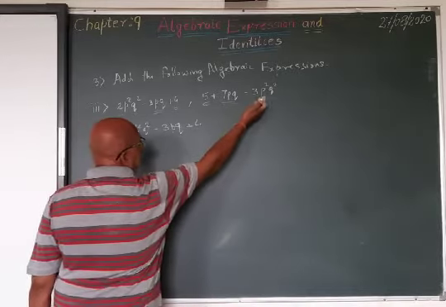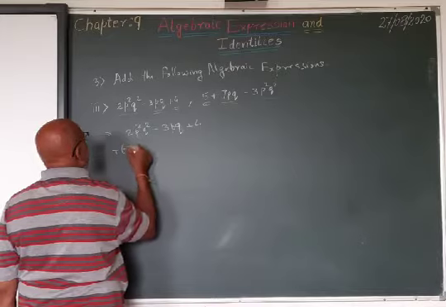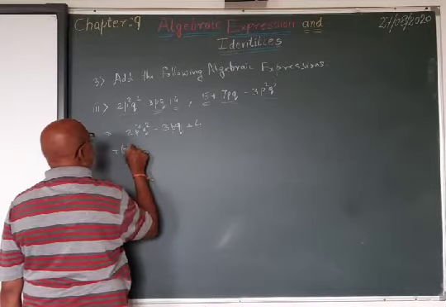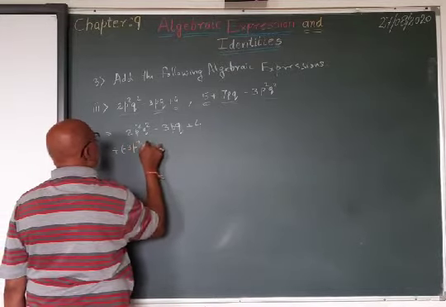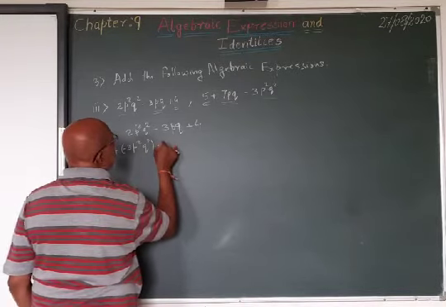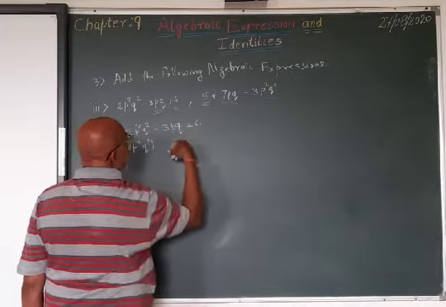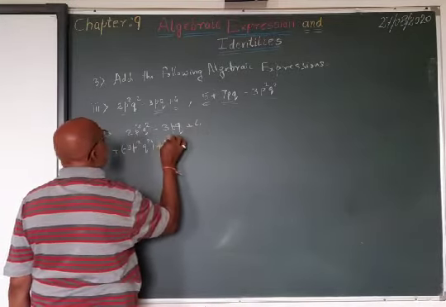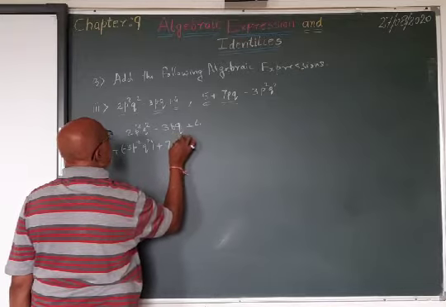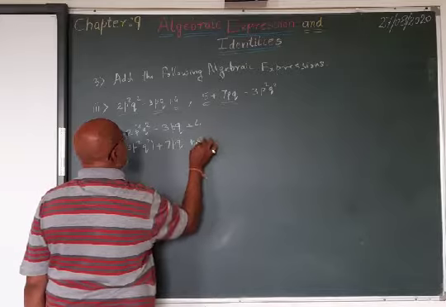Now see here, this p square q square has a negative sign, so I will write minus 3p square q square. Then pq: here it is 7pq, so plus 7pq, and then lastly plus 5.